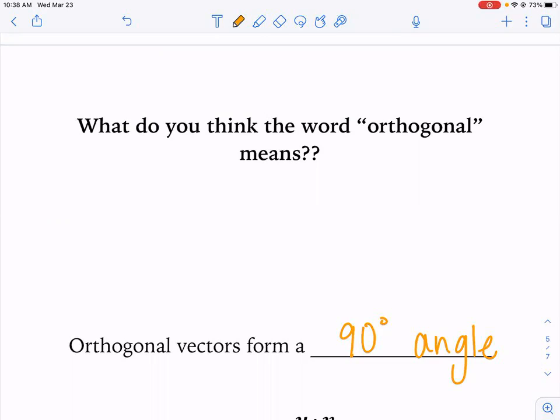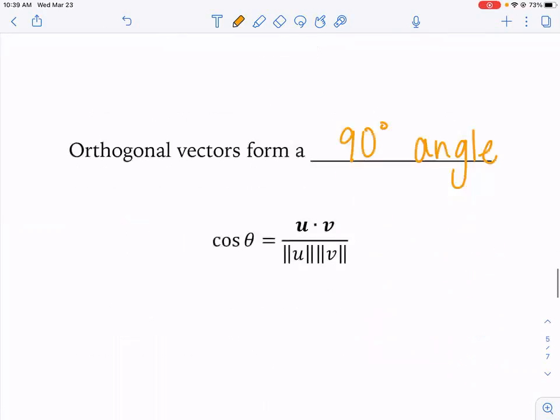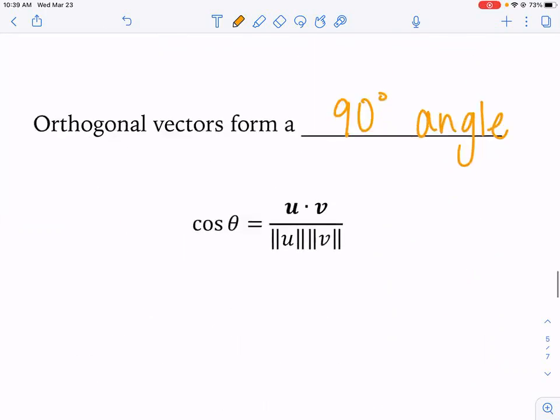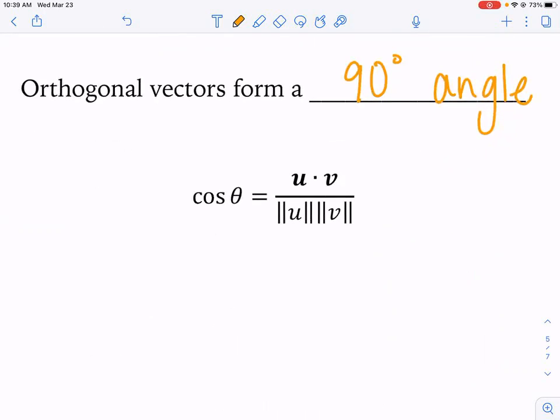Ortho means straight or upright. So if you think of the upright, okay. Dentist, I assume. Straight. Wow.